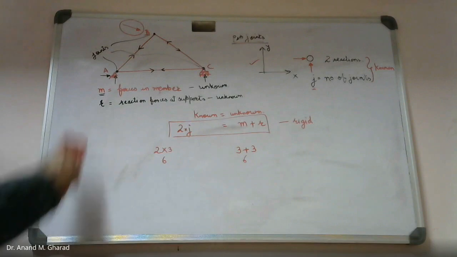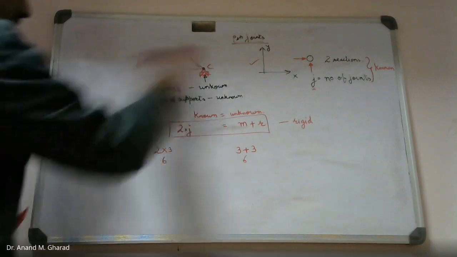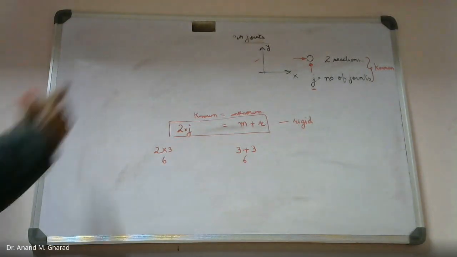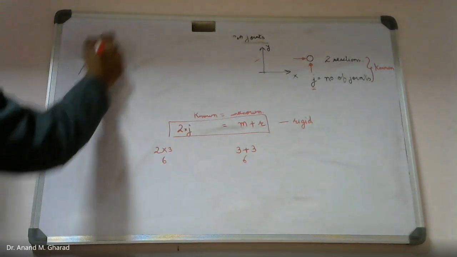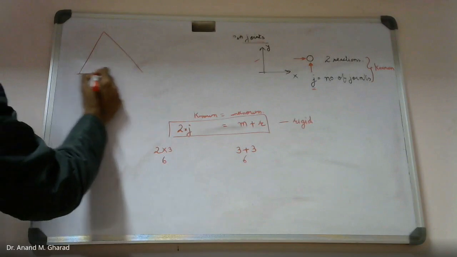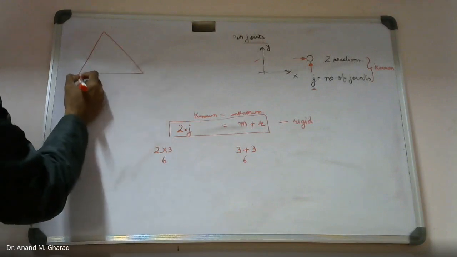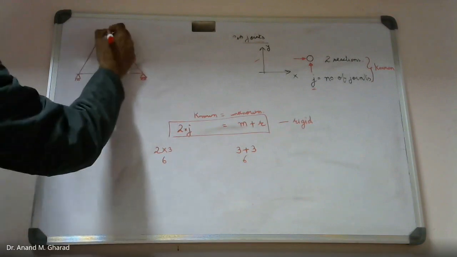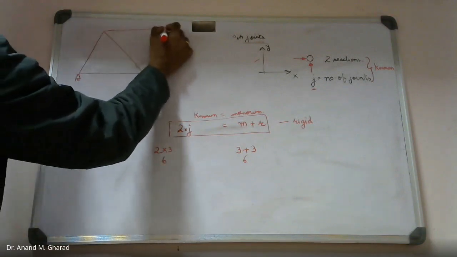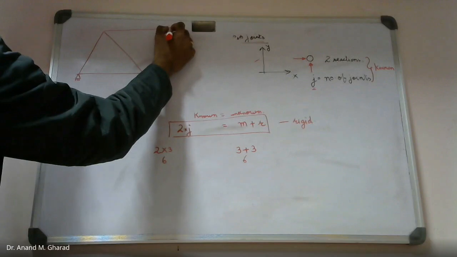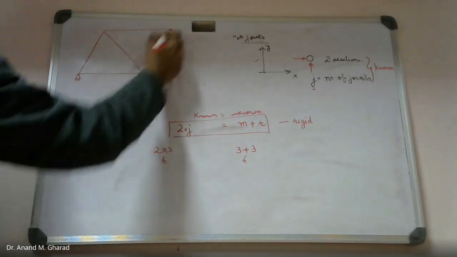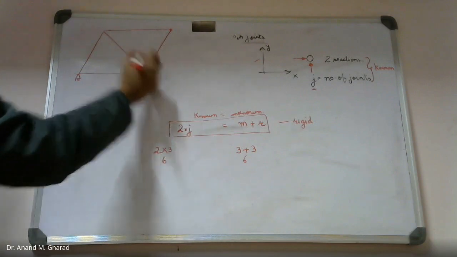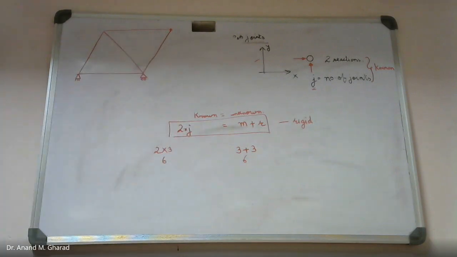One more example. So this is a truss. I will add one more joint, and this joint will be connected with the help of members. Fine.